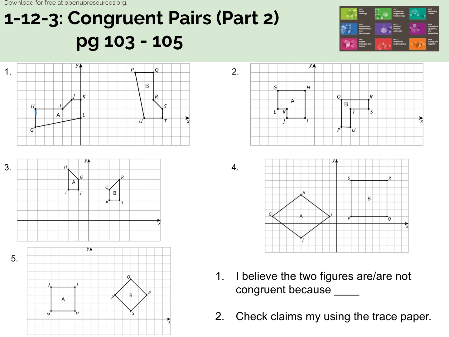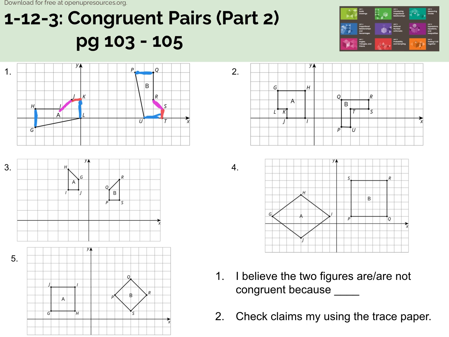See how these two have a side length of 2, side length of 2, side length of 2. Notice how this is side length of 1, side length of 1. All these sides are congruent, and then notice how the angles are congruent.